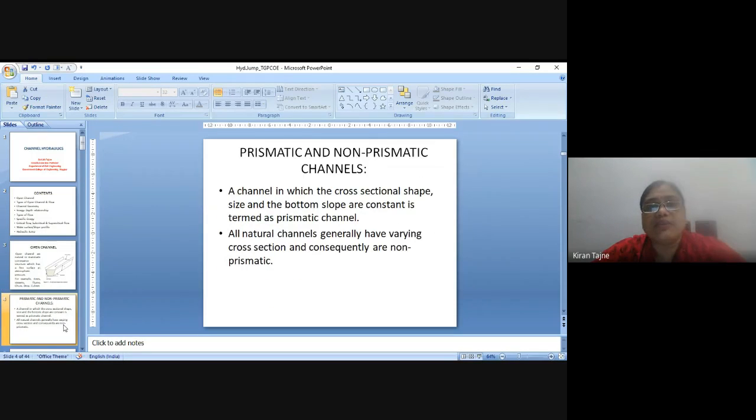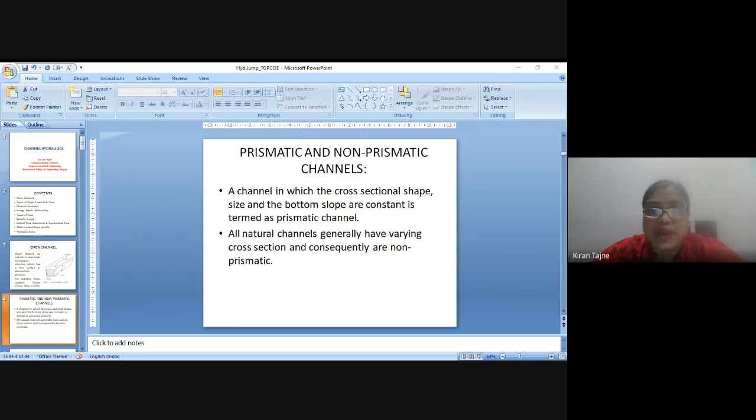Now we'll see what are the different types of channel. There are various types. So prismatic and non-prismatic channels. A prismatic channel is a channel in which cross-sectional area, shape, size and the bottom slope are constant.